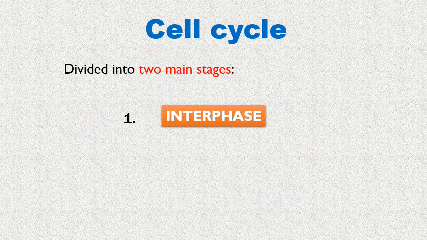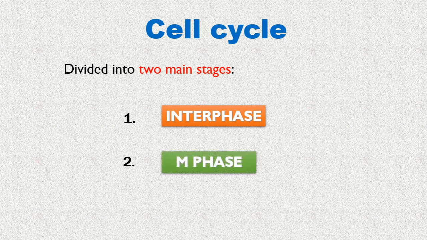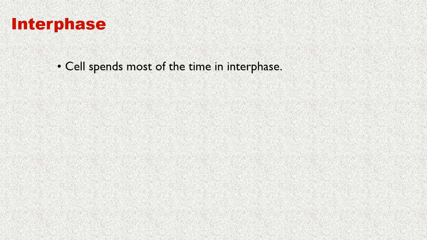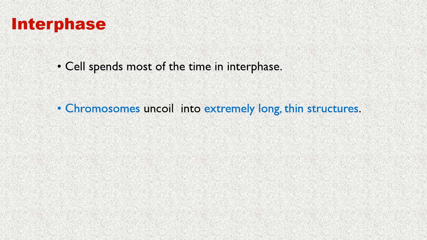The cell cycle can be divided into 2 major stages: interphase and M-phase. Let's understand these stages and their roles in detail. Cells actually spend most of their time in the interphase. In the interphase, the chromosomes uncoil into extremely long and thin structures.